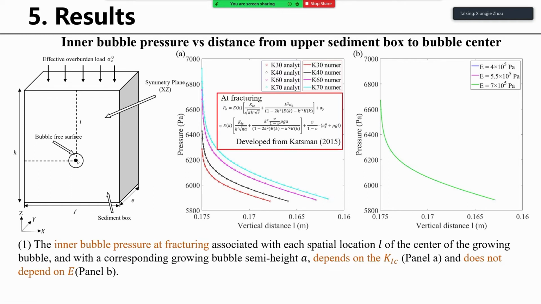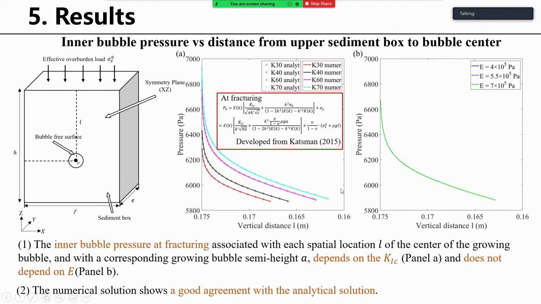In addition to the numeric solutions, an analytic solution was developed, and the numeric solution shows a good agreement with the analytic solution, as we can see from panel A.